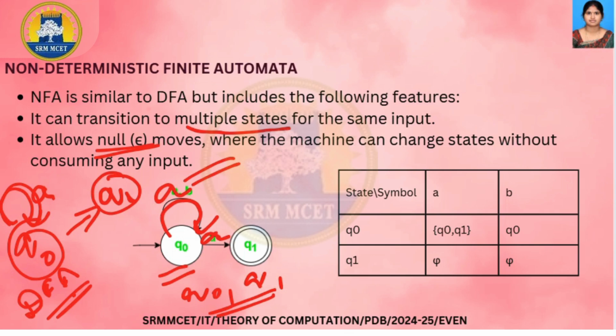But in a deterministic finite automata, there is no use of null moves, and there is a single transition for the same input. This is a very important feature to note between the deterministic finite automata and the non-deterministic finite automata.